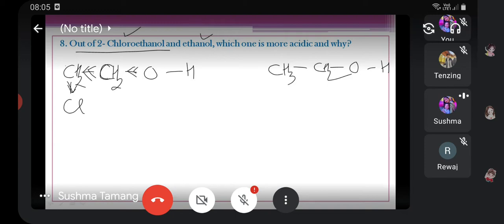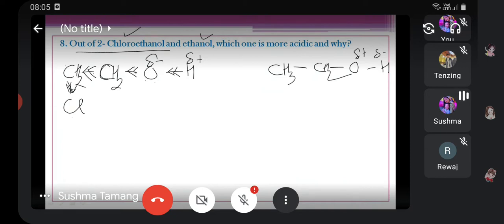We know very well that this oxygen is highly electronegative, so negative and positive, and already this bond is polar. So polarized, it releases H plus ion. We remember that alcohols are acidic in nature. Now out of the two, because of the electron withdrawing nature, this pulls electron, so oxygen also pulls electron from hydrogen.